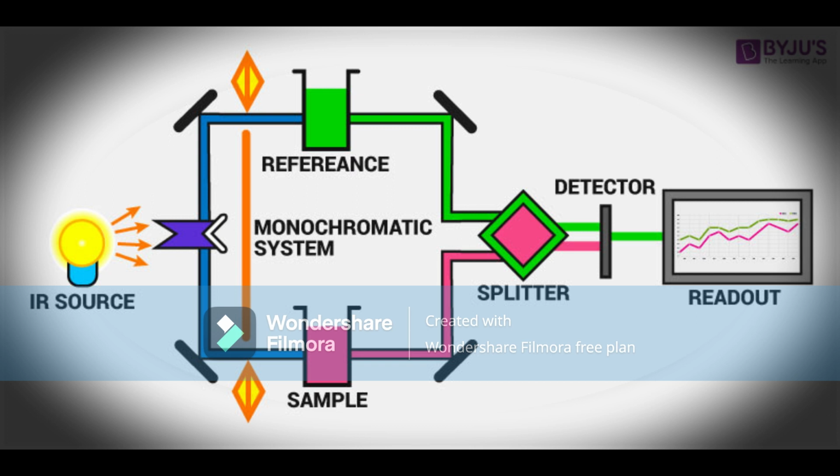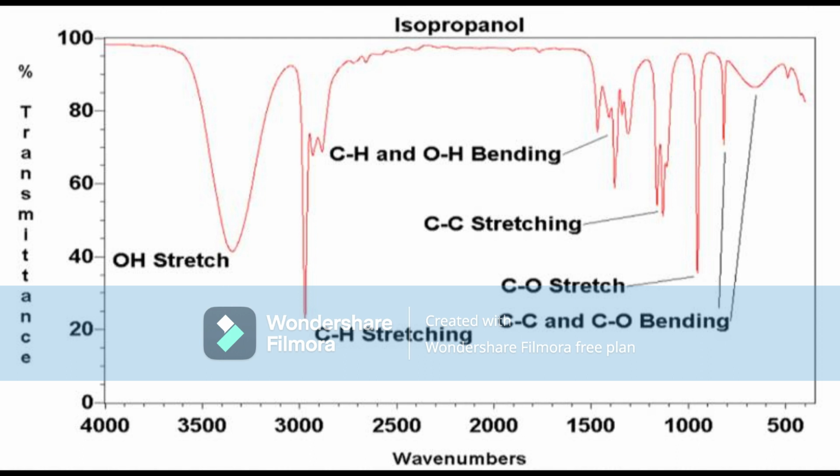Every bond or functional group requires a different frequency for absorption. Hence, a characteristic peak is observed for every functional group or part of the molecule. Infrared spectroscopy for isopropyl alcohol: CH2OH is an infrared absorption band. Identify the various functional groups of the molecule.